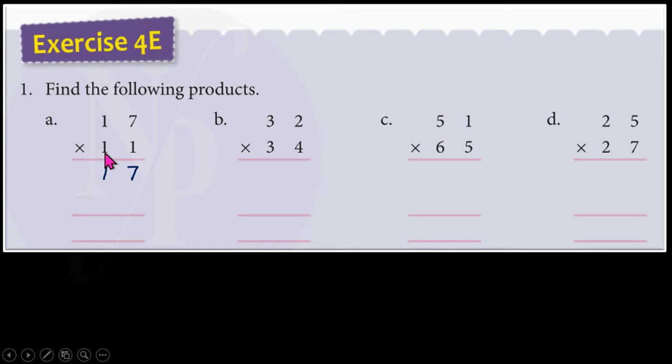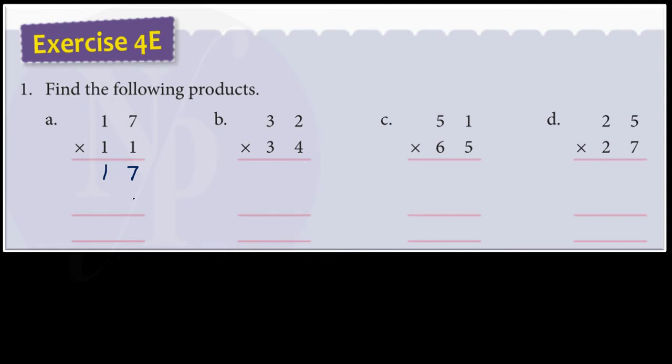So 1 in tens place here is equivalent to 10. So we should multiply this as 17 by 10. So on multiplying 17 by 10, we get 0 at ones place of the product.